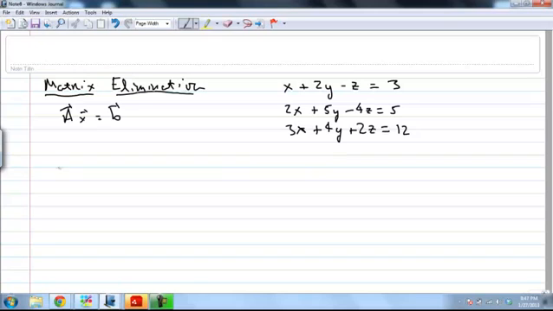The first thing I'll do is write the system in matrix form. To do that, I take the coefficients of the unknowns from the left-hand side of the equation and put them into a matrix.